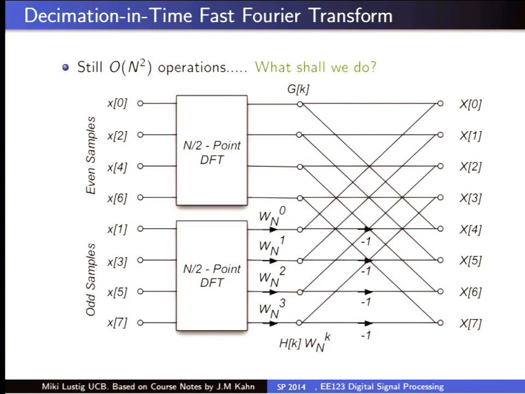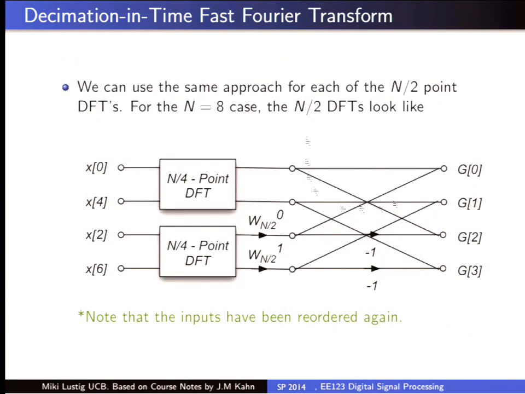We're going to take these n over 2 point DFTs and break them into n over 4 point DFTs. So let's do that. Let's look again at the case of n equals 8. The n over 2 DFT now looks like this: take x0, x4. So we take the evens of the evens, and these are the odds of the evens.